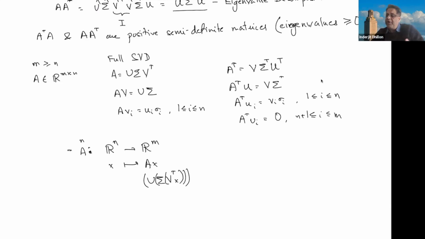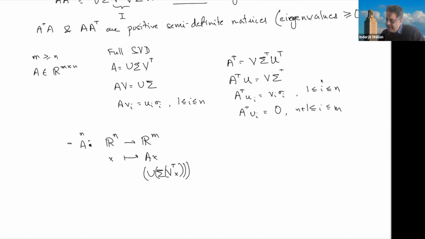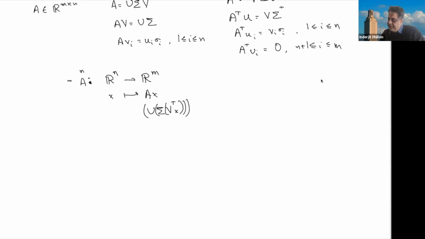Okay, and what is the point in writing this, right? Well, here's the really interesting part. If I kind of draw a picture, and I think of this as Rn, then we know that A acting on Rn as a linear transformation transforms it into Rm.